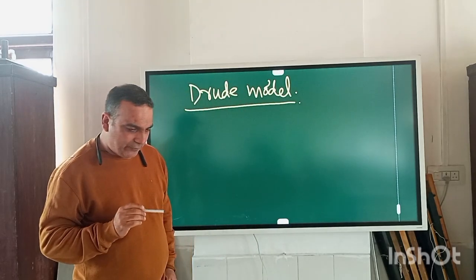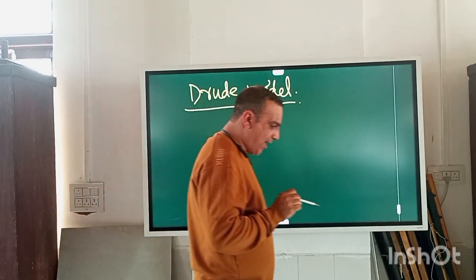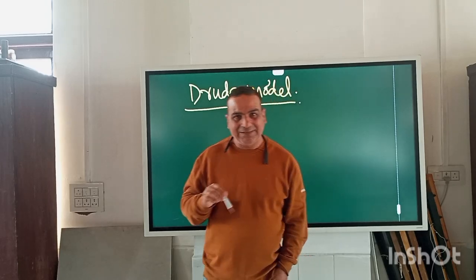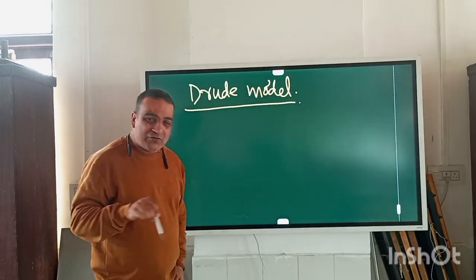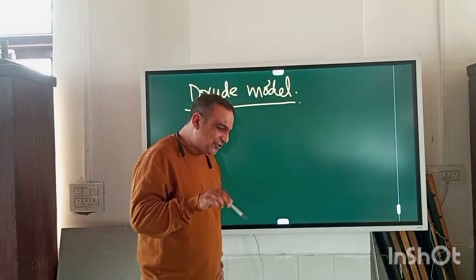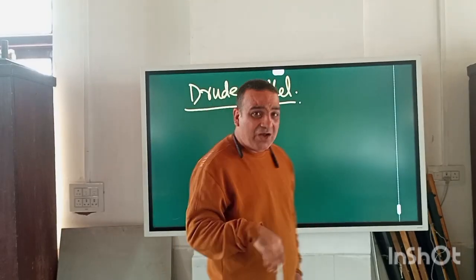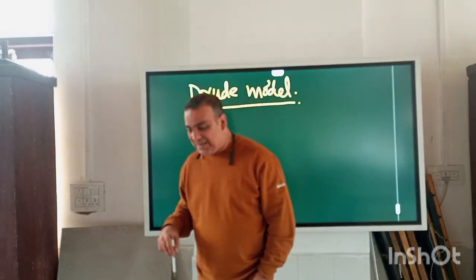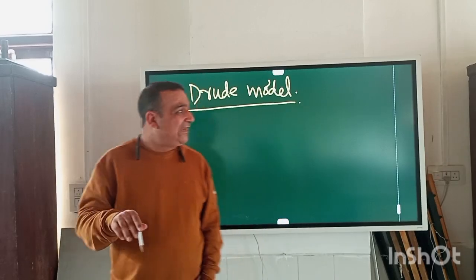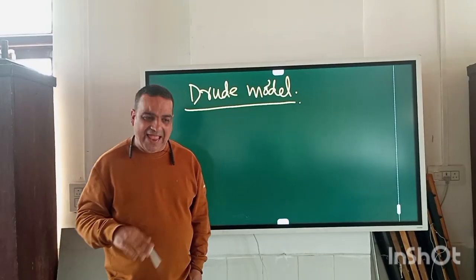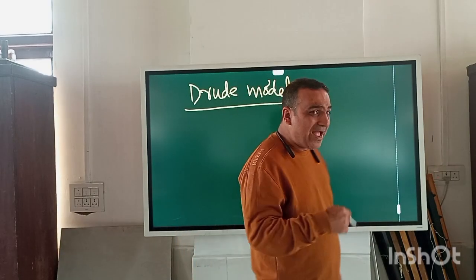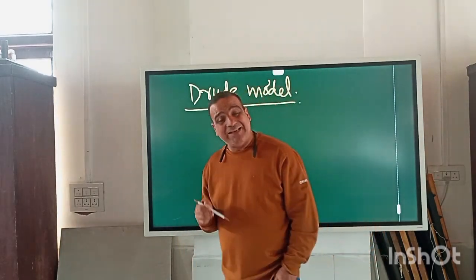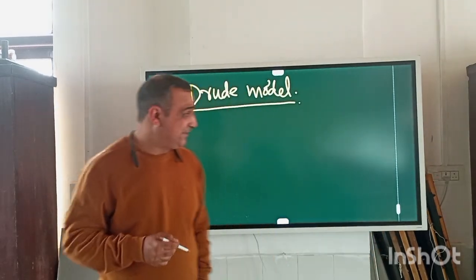We have a metal, and in the metal the electrons are free, and there is no interaction between the electrons. Electrons are point balls. They behave exactly like an ideal gas. These are the basic assumptions that we keep in mind when we start tracking down the Drude model of metals.